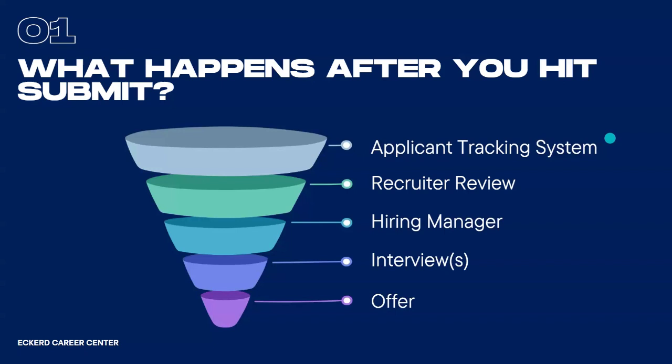Now, this is not a perfect diagram, right, of what it will go through after you submit, but it's kind of your most general one, what we see the most common. And so when it goes through this funnel, a lot of times we think, oh, that applicant tracking system is the thing that kicks me out, right?